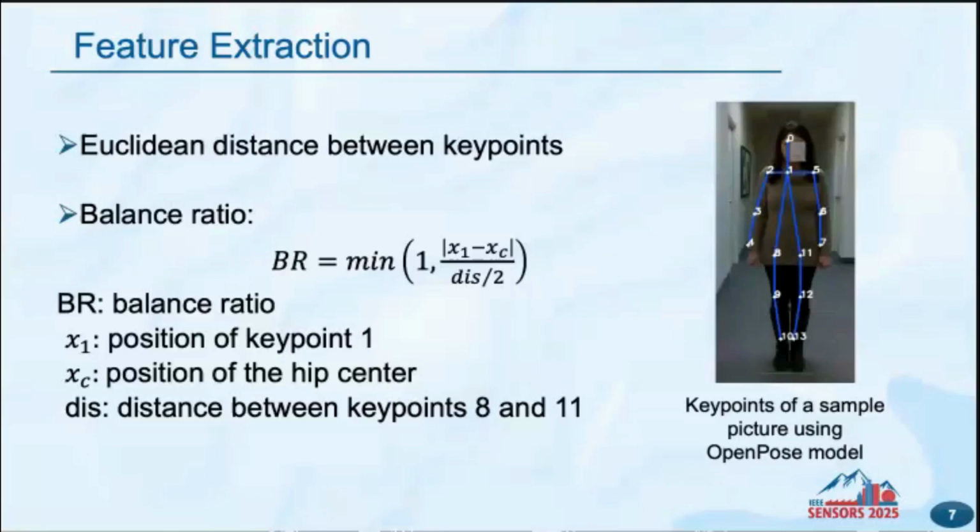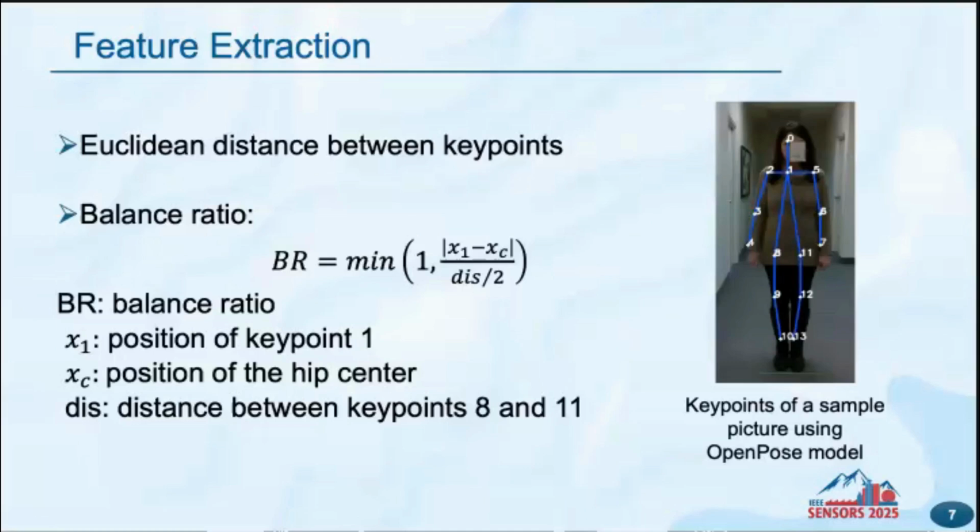This Euclidean distance shows whether the participant can maintain their balance. For example, if they raise their hand to keep their balance while doing the test, the Euclidean distance between some of the key points might oscillate. The other feature that we use is the balance ratio, which you can see in this equation.